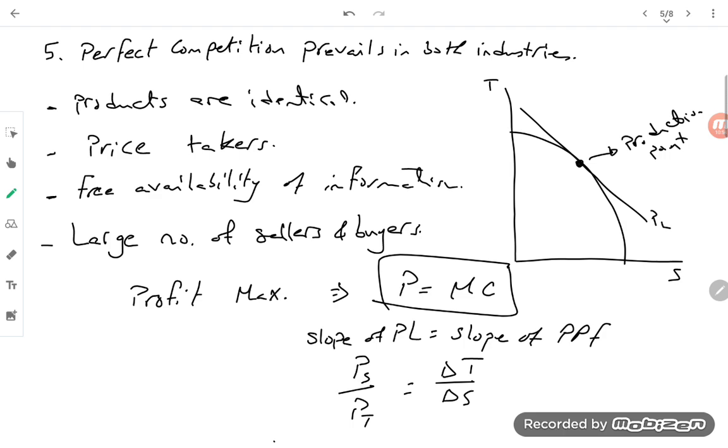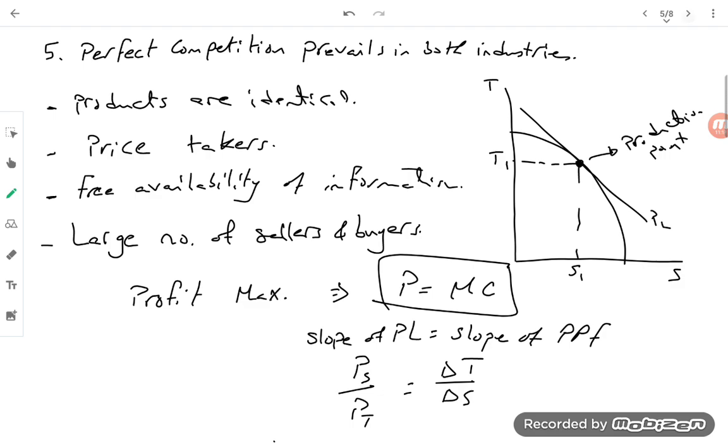At this point, the country decides to produce quantity S1 of soybeans and T1 of textile. So this is the combination that helps to achieve maximum profit for all sellers in the country.